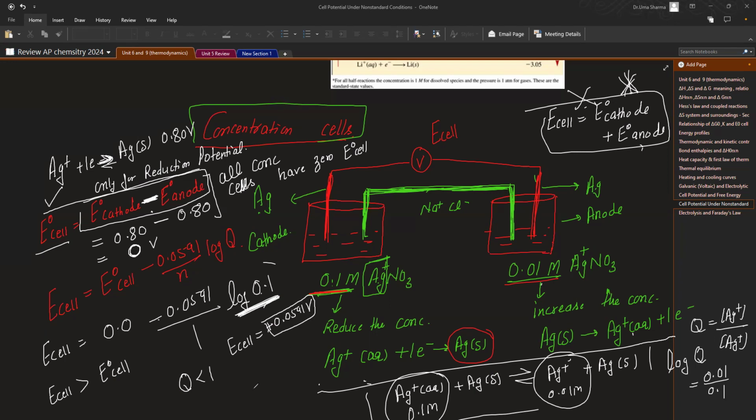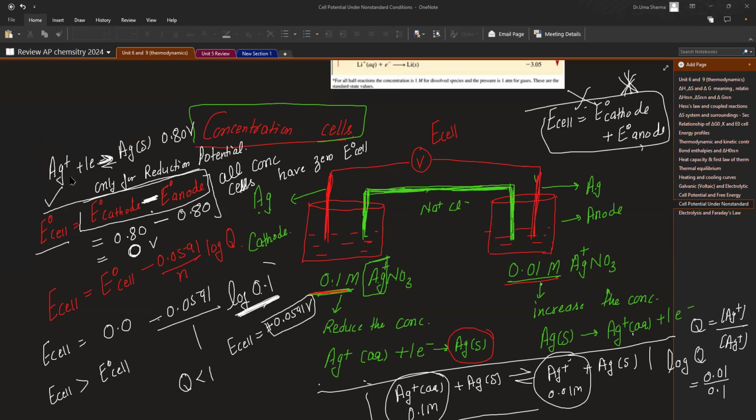This is about the concentration cells. So even cells which have the same kind of solution, same kind of electrode in both the containers, due to the concentration gradient, meaning due to the difference in concentration, electricity will flow. From, give the direction.